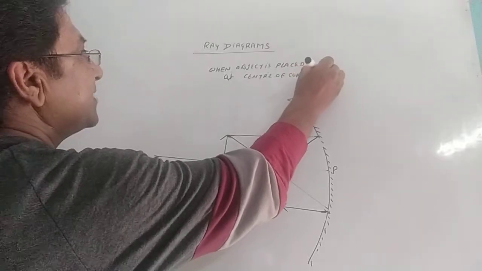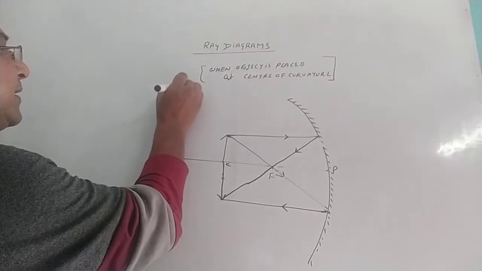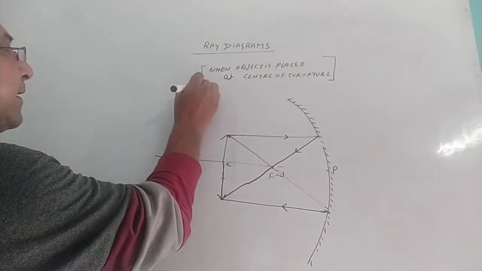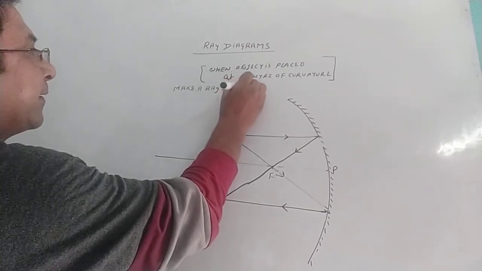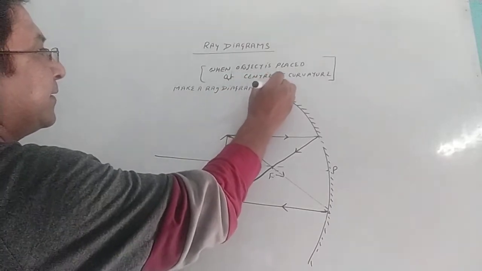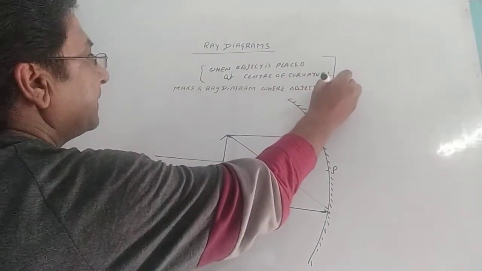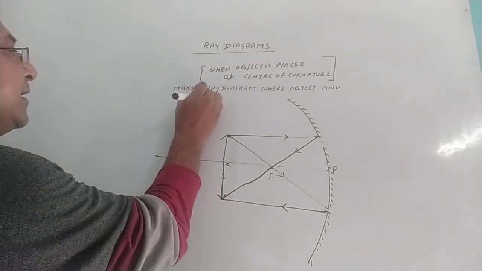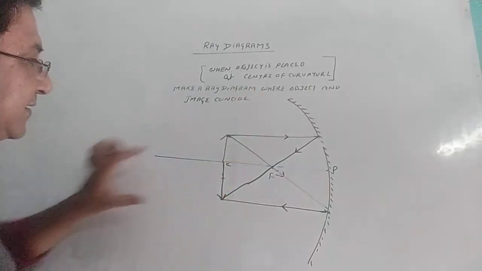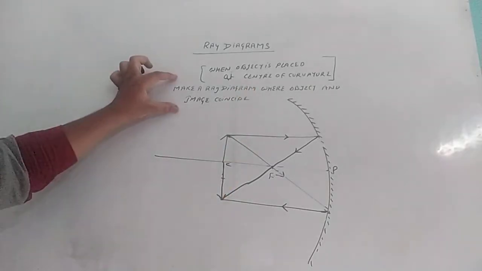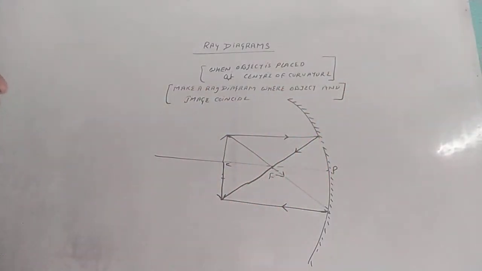And sometimes in the form of a question: make a ray diagram where object and image coincide. Coincide means they lie just one above the other. This is center of curvature. So this form of question also comes. It also means ray diagram at center of curvature.